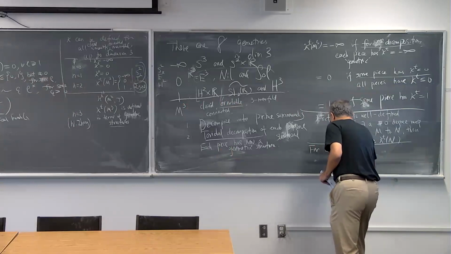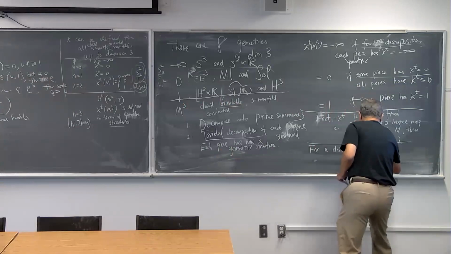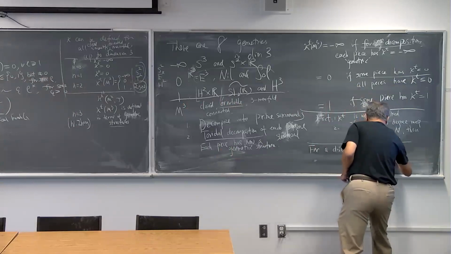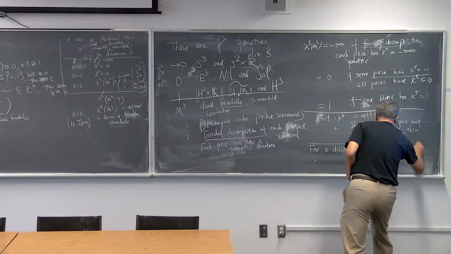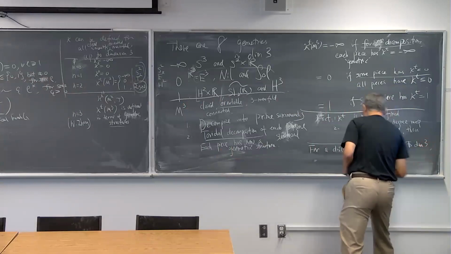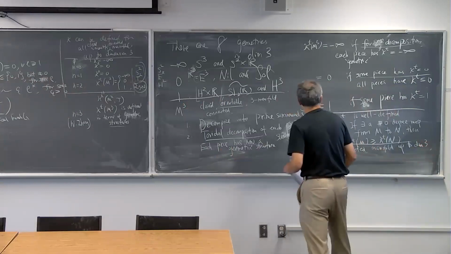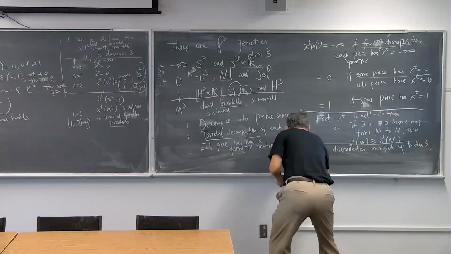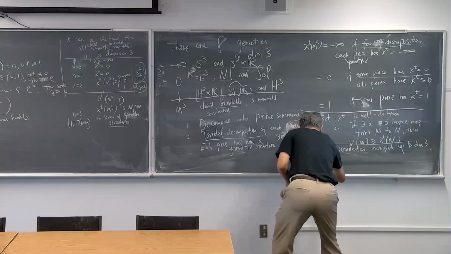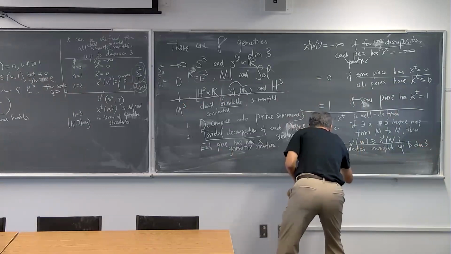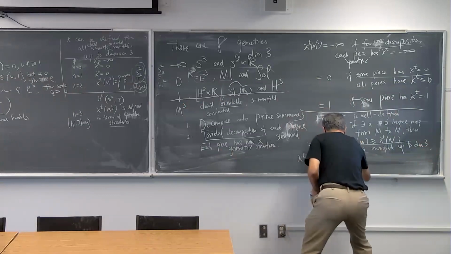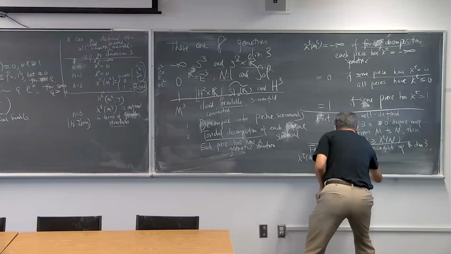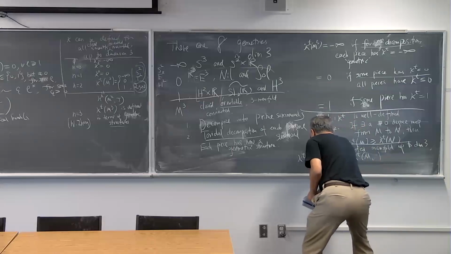For a disconnected manifold, I define it to be the maximum of the Kodaira dimensions of the M_i, where this is a disjoint union of the M_i.